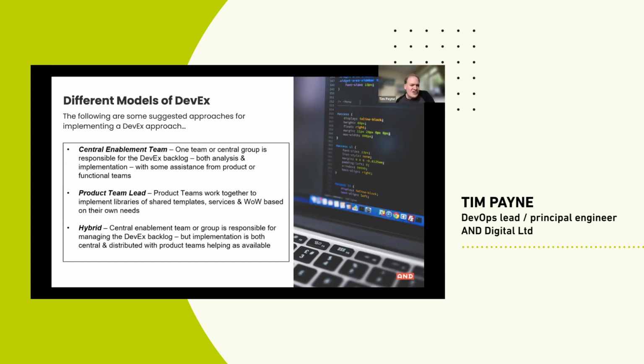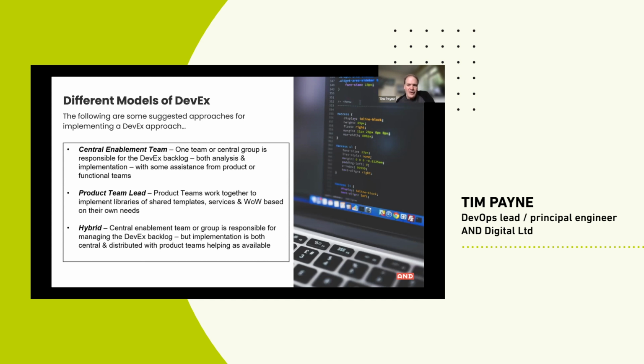Either a central enablement team, where you've got one central team that is responsible for your backlog, in this case the DevEx backlog. That central team is responsible for both the analysis and the implementation, with some assistance from functional or product teams. The other alternative is a product team-led approach.